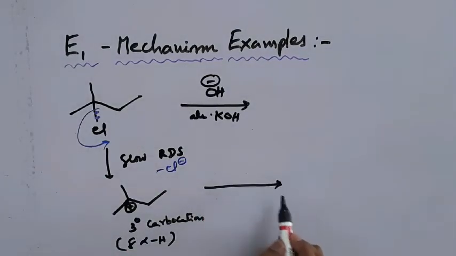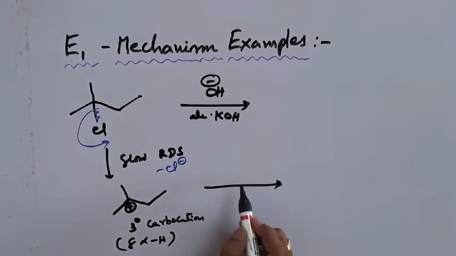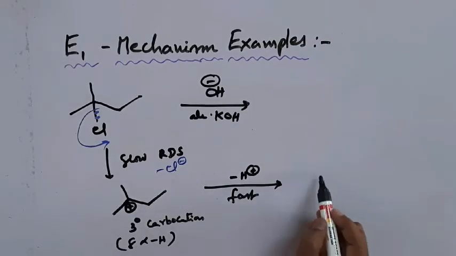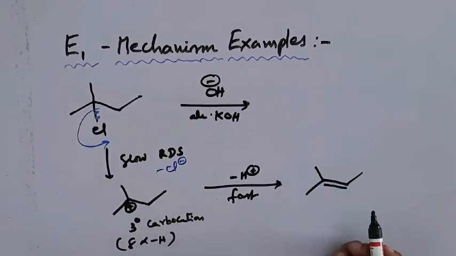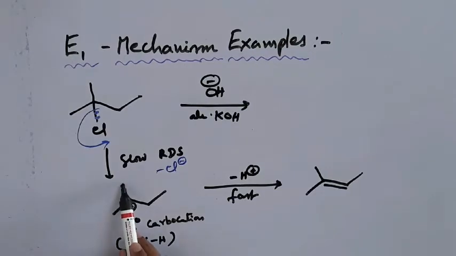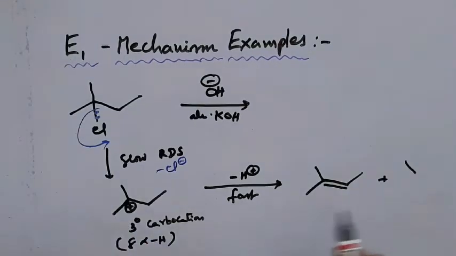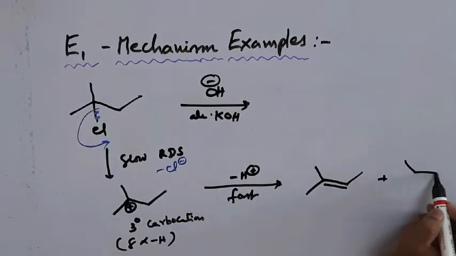Fine. Now this loses a proton in a fast manner, and this reaction is very fast, giving you the final product. What is the final product? This is the final product. Actually, we also may get different other products because a proton may be removed from this site or from this site also, but that is formed in very small quantities.